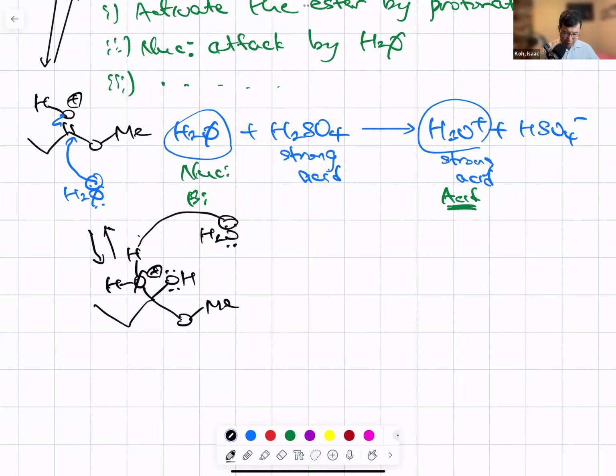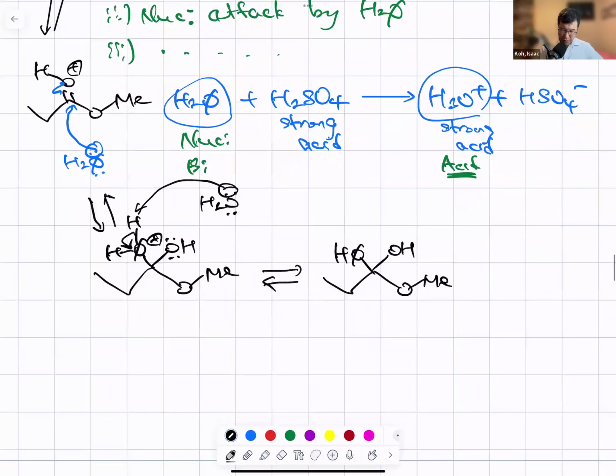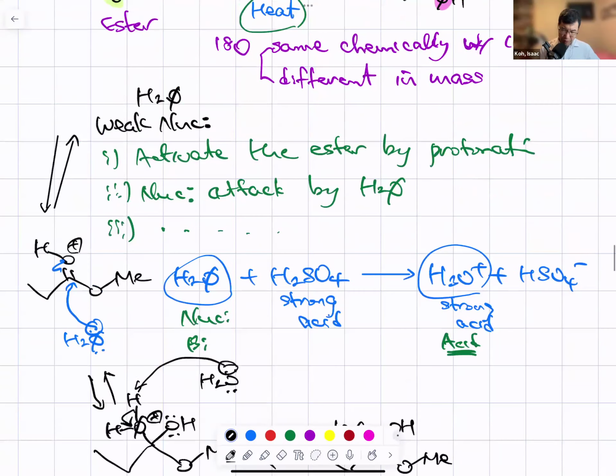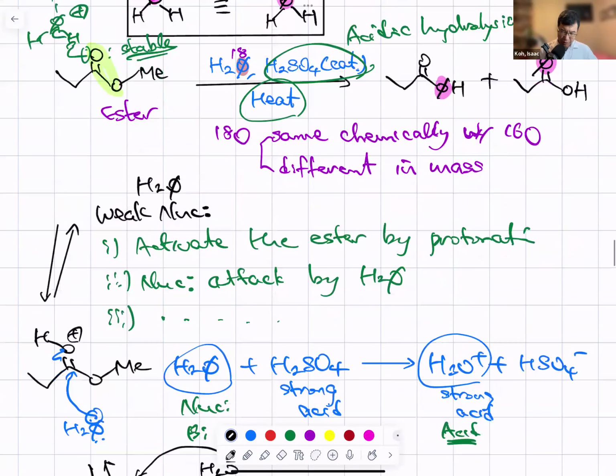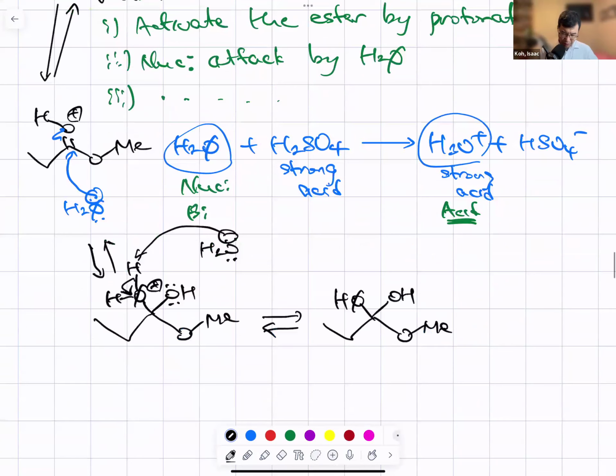So then let's deprotonate it, making into the intermediate, this OH and OH. So here we have two hydroxyl groups.